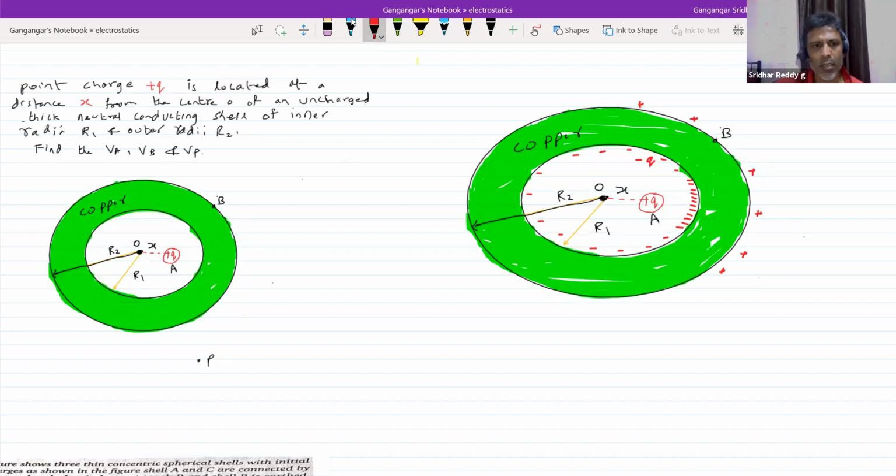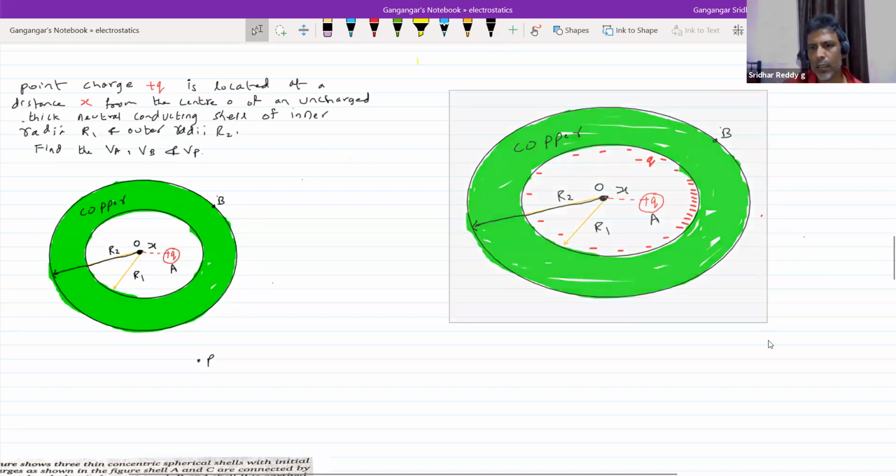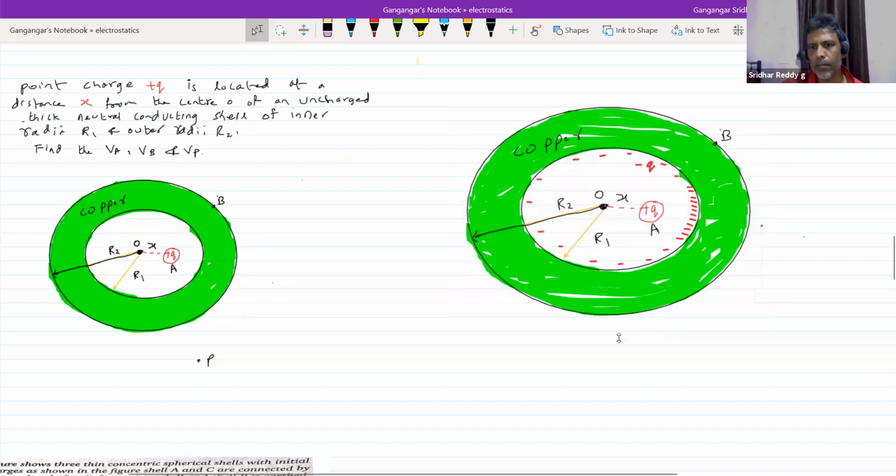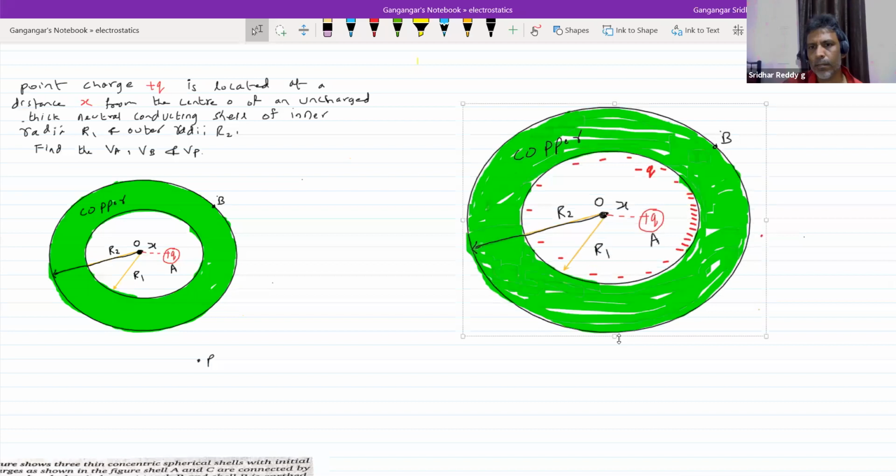It's a sphere only. It appears as an ellipse. Okay, fine. Now it looks like a sphere. What about the charge on the outer surface? Will it be distributed uniformly?